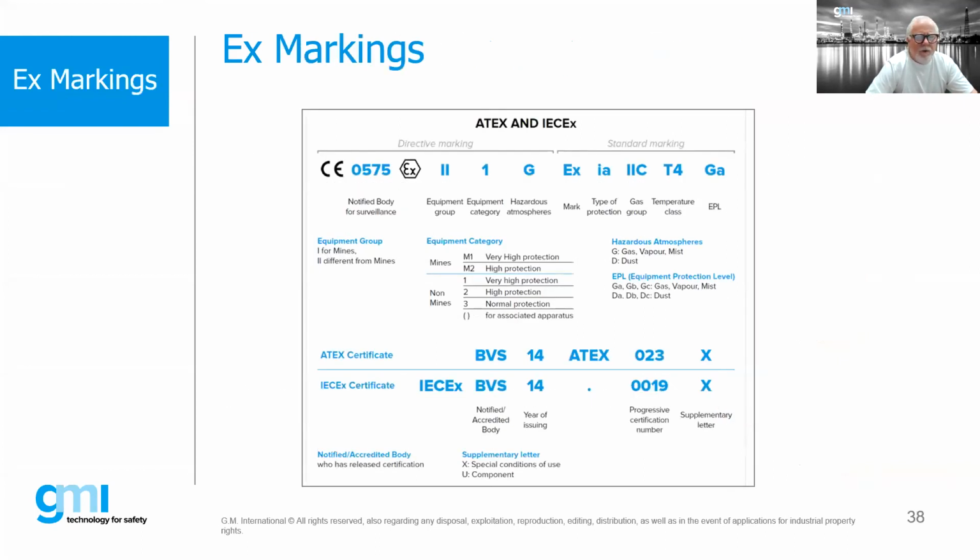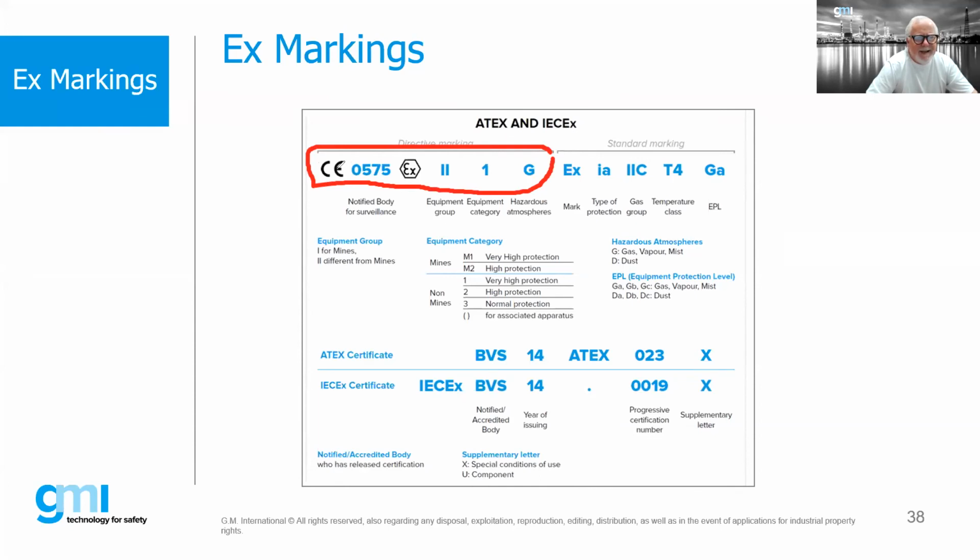Markings, I won't go through all this good stuff because we're running out of time, but basically what you see, and I'll just try to draw on this a little bit if I can. What you see right here is our ATEX directive marking information. We have the CE mark, and by the way, if we see a CE on a product, that doesn't mean that it's suitable for hazardous locations.